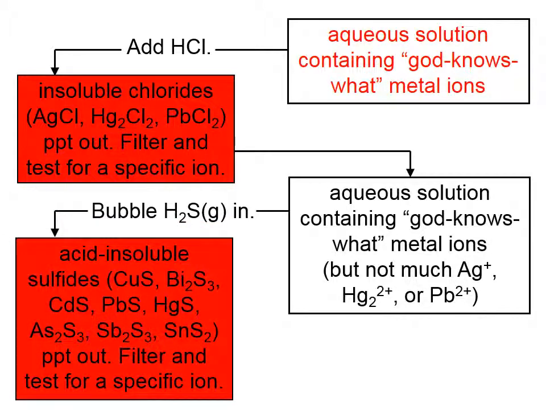If we do that, we're going to form precipitates with other metal ions that might be in the solution. If any of these metal ions are in the solution, they're going to precipitate out with the sulfide ion that we've just added in. Again, we can filter out any precipitates and then we can test them for a specific ion.